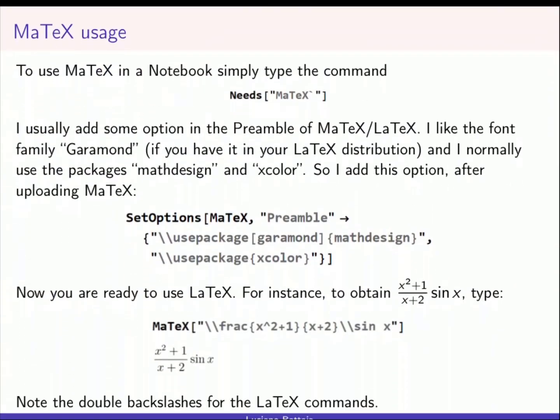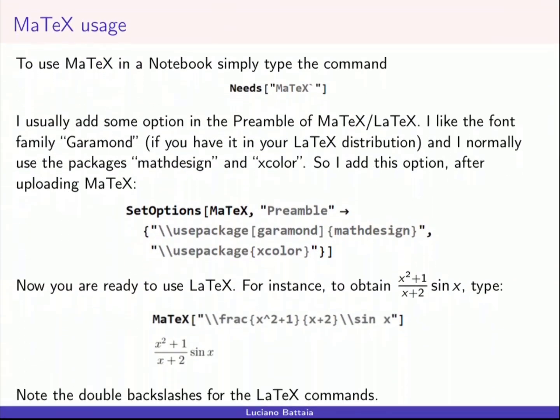How to use MathematicaAndLatex. To use MathematicaAndLatex in a notebook, after having installed, simply type the command Needs MathematicaAndLatex. I usually add some options in the preamble of MathematicaAndLatex. I like the font family Garamond, if you have it in your LaTeX distribution, and I normally use the packages MathDesign and Xcolor to use colors.